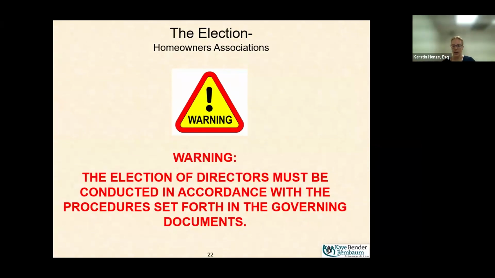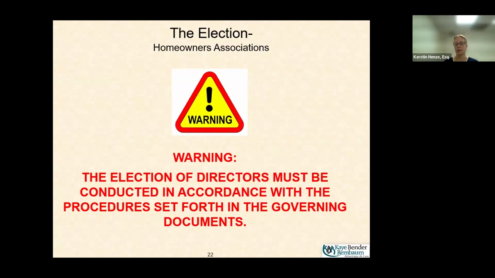Now, many of our clients have tried to get away from that type of election and have actually amended their documents to mimic more of this condo style election with the first and second notice and the inner and outer envelopes. Okay, or some associations have amended their documents to provide for nominations in advance of the annual meeting. That way they can dispense with nominations on the date of the actual election.